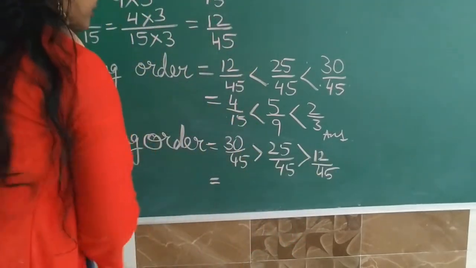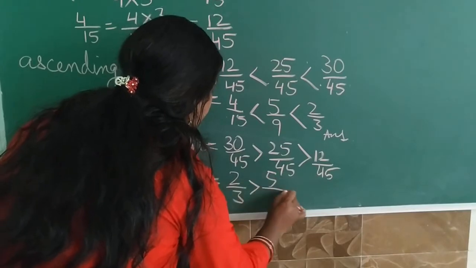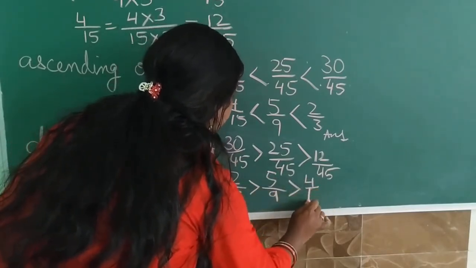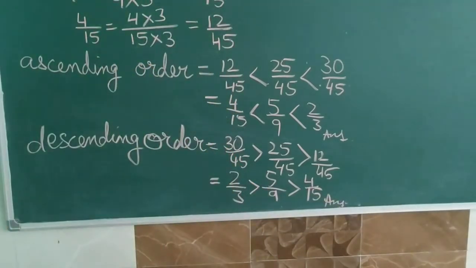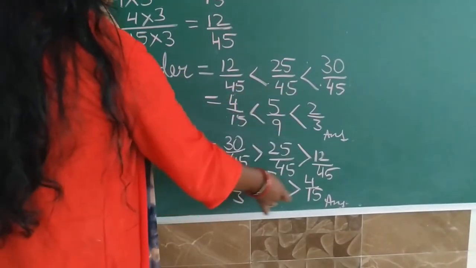So we arrange the original fractions. It is 2 by 3 greater than 5 by 9 greater than 4 by 15. So we get it in descending order. So now you can see for ascending you went from smaller to bigger, for descending you went from bigger to small.